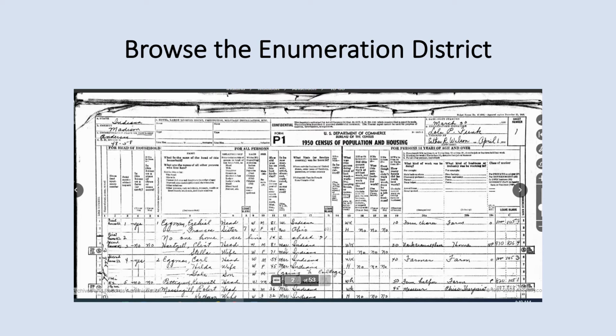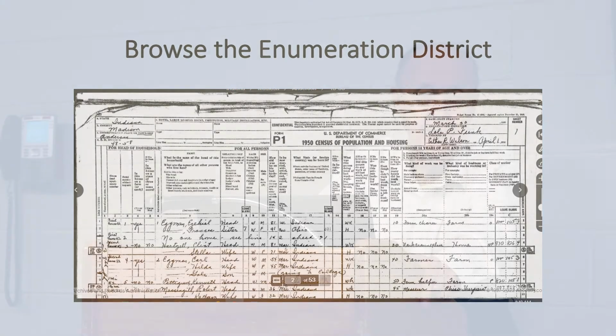In the case of District 48-58, it has 53 pages, and 53 pages is not excessive if you're trying to find somebody and you have waited this long to see the information. 53 pages you can get through in not too long a time, especially since you can look down the left-hand side of the page to see what street the census taker is walking on that page.